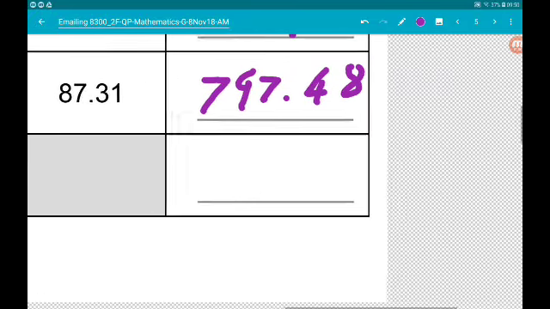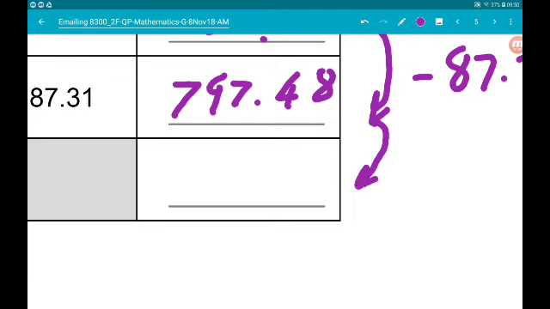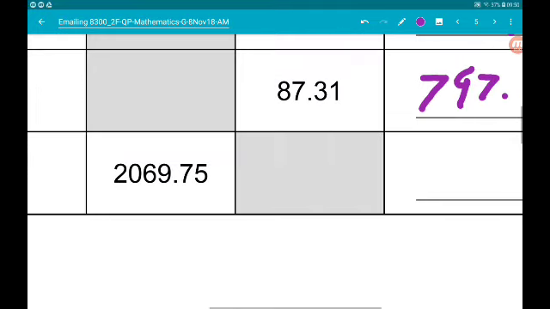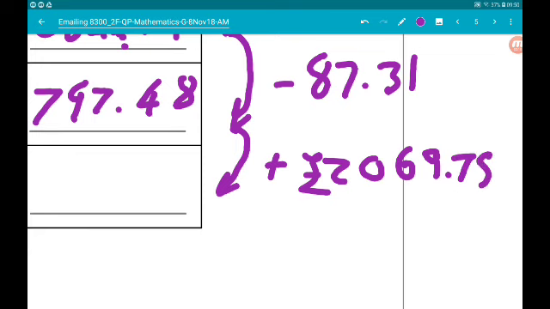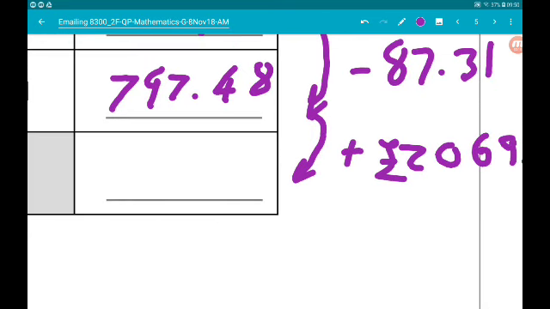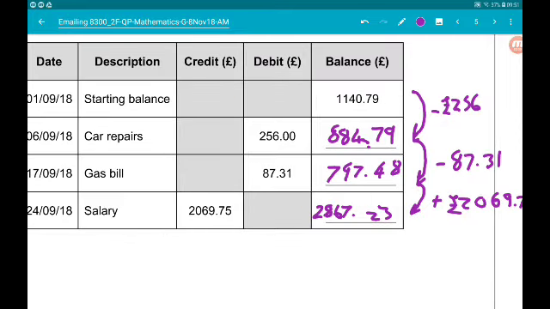So that is money being paid in. So add 2,069.75. That gives us a balance of £2,867.23. Cool. So there is our completed bank statement.